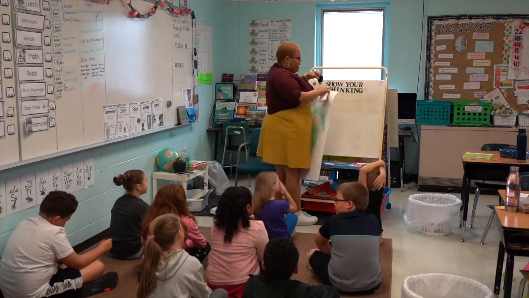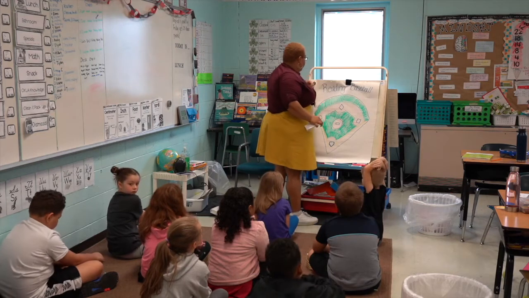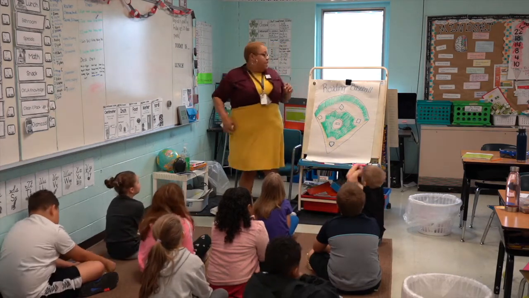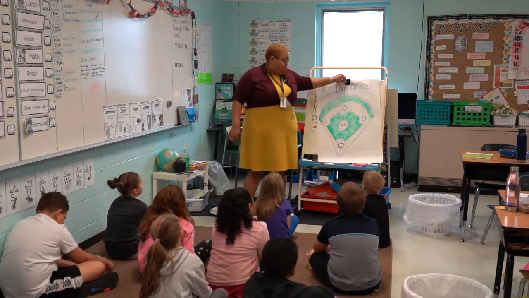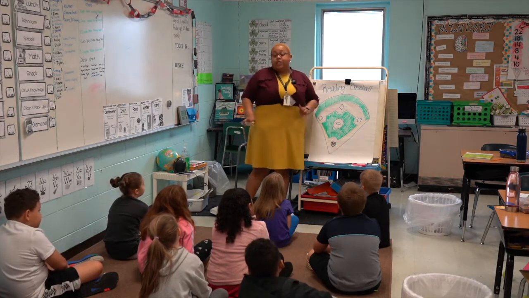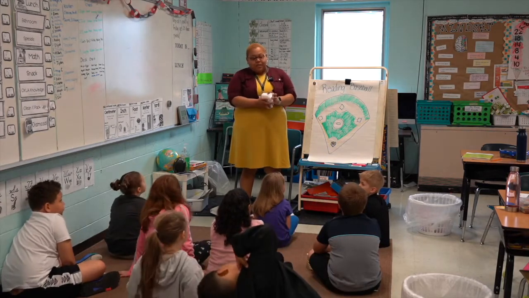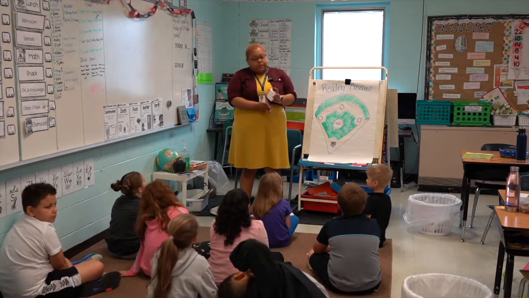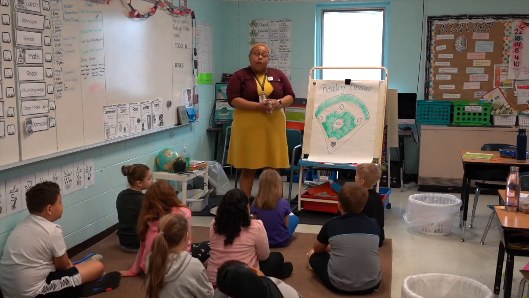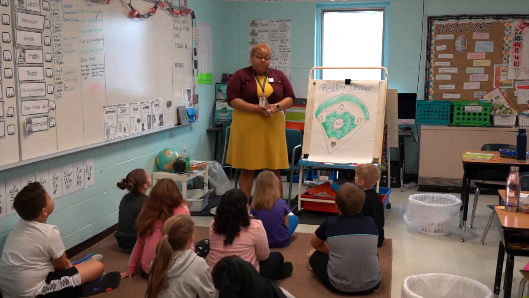So what's going to happen in this game? We're going to use this as our player, right? I'm going to split you into two teams. I have some words that follow those sound patterns that we just talked about, okay?